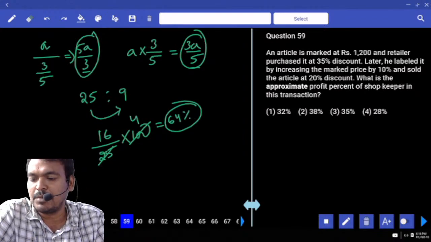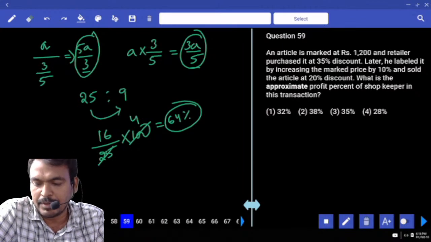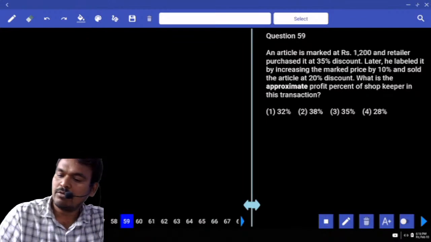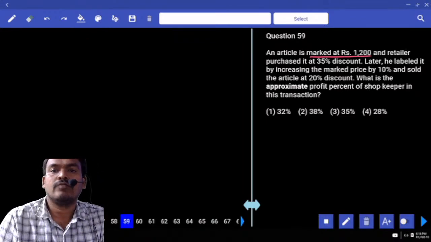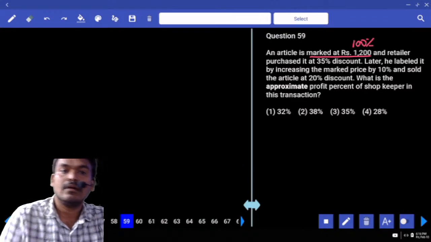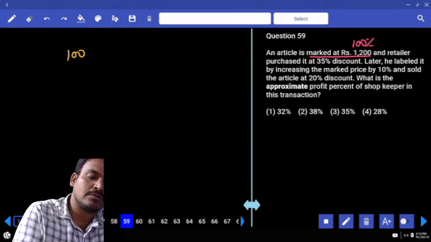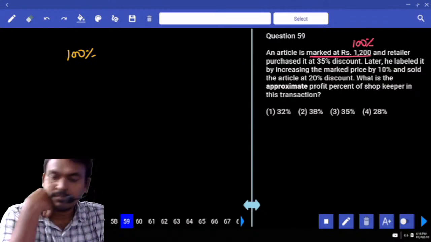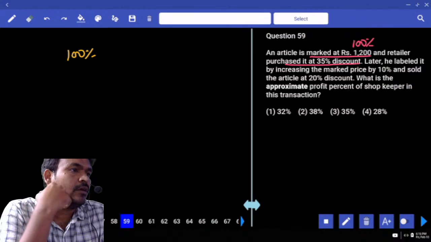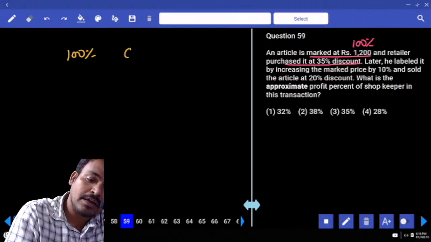What is the approximate profit percentage of the shopkeeper in this transaction? Suppose the original market value is 1200; in place of 1200 we consider 100%. The original market price is 100%. The retailer purchased at a 35% discount, so what is the retailer's cost price?